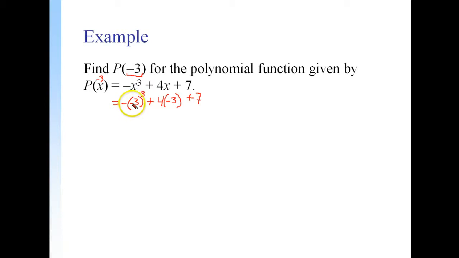Well, you may recall that anytime you raise a power to an odd number, and if it's negative, it will stay negative. So this is going to be -3 times -3 is a +9 times -3 is a -27. So in parentheses here I would have a -27. But here this tells me to take the opposite of it. So this becomes a +27.